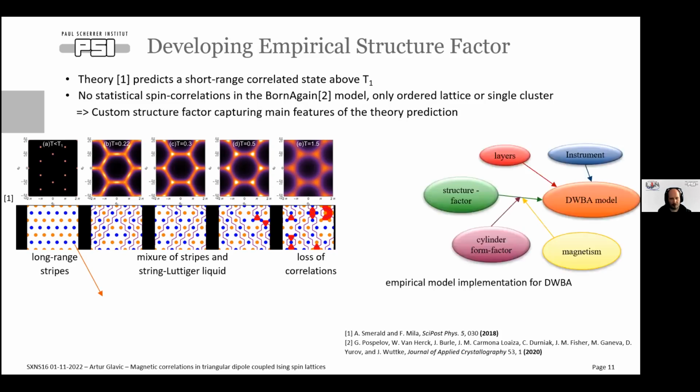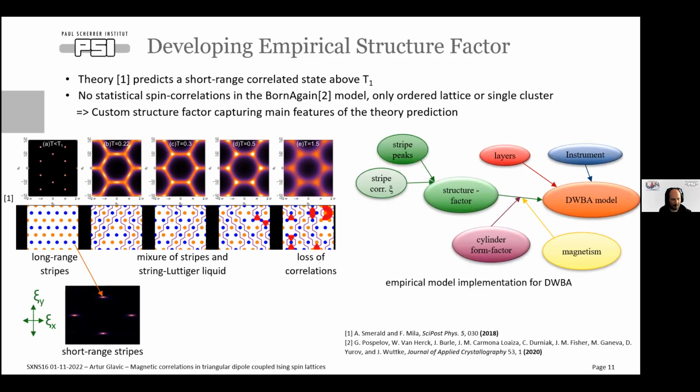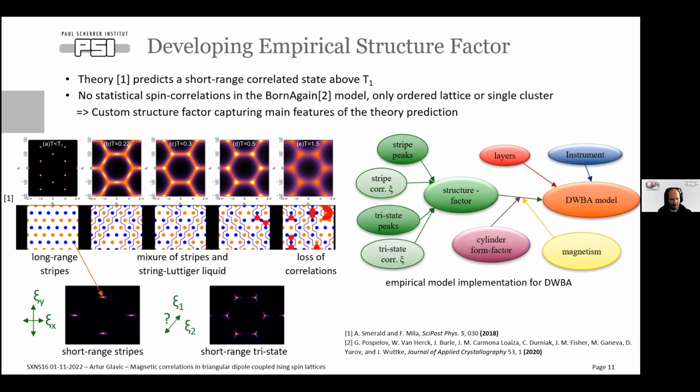So our solution was to come up with an empirical structure factor that describes this kind of behavior without having too many parameters to model our data. This structure factor will then be plugged into the model. It is made up of the short range stripes that have two correlation lengths, as well as what we call the tri-state peaks.